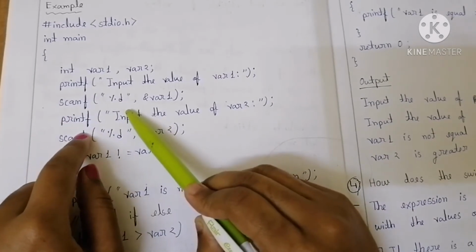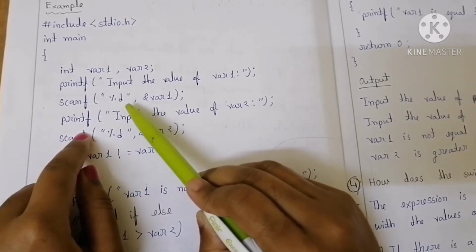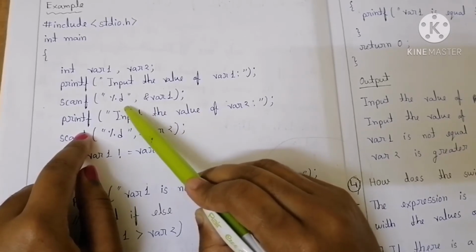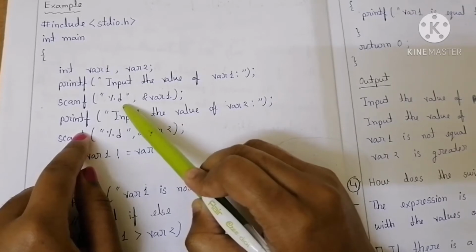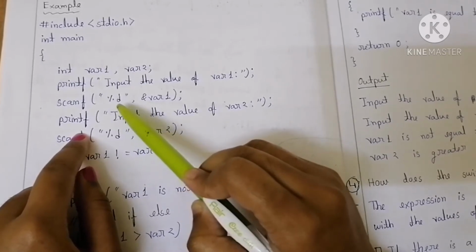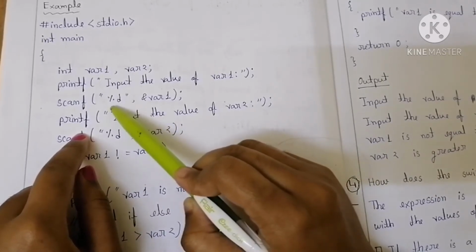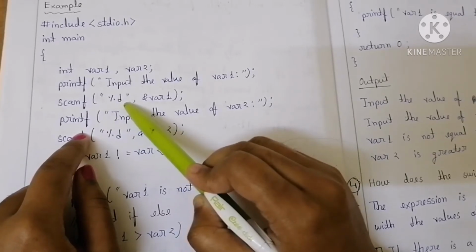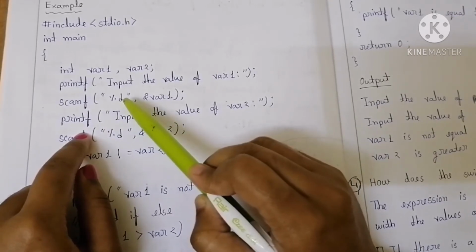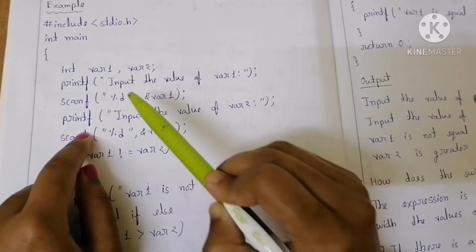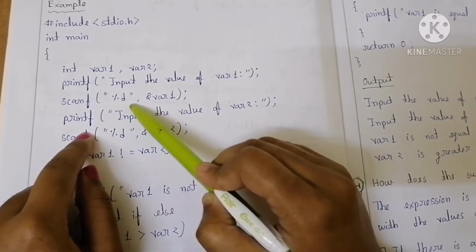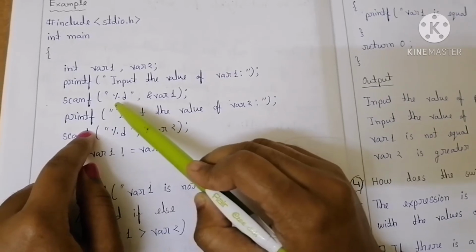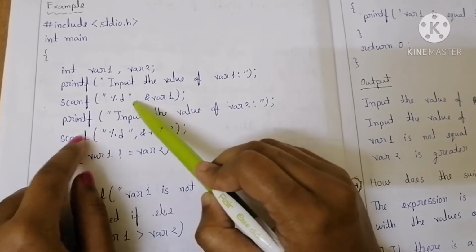Here we are using %d because we want to get a decimal value as input. If we want a character, we put %c, or if we want a float, we use %f. Here we want a decimal value, so we are using %d.